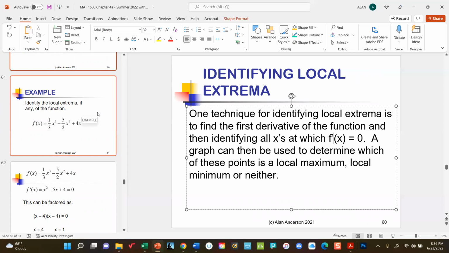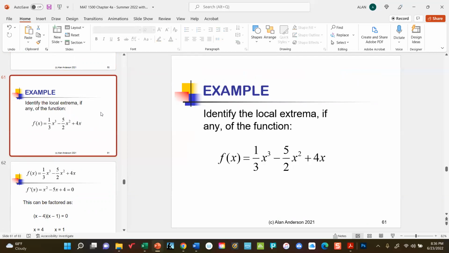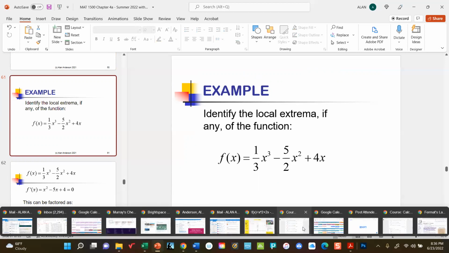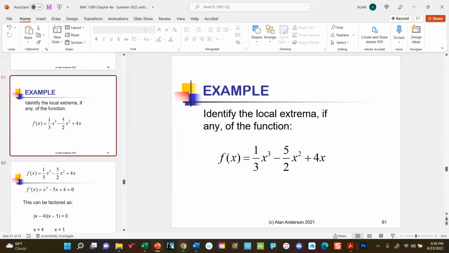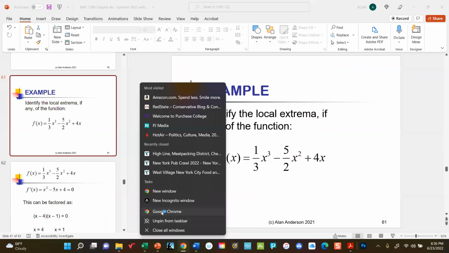So, for example, here's our function. And by the way, let me go get Symbolab and see what this thing looks like. I'll open up a new copy of it.